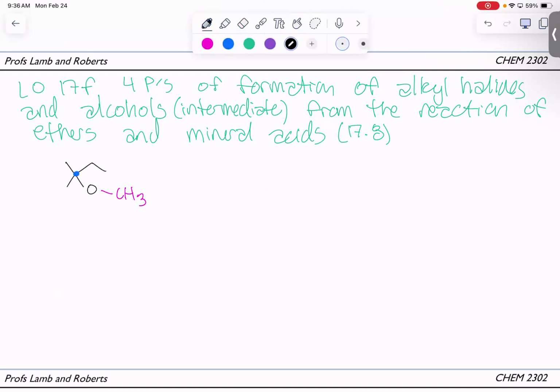And the 2 Ps of this are adding excess of mineral acids. So say, for example, HBr, could be HCl, could be HI, those are all fine.